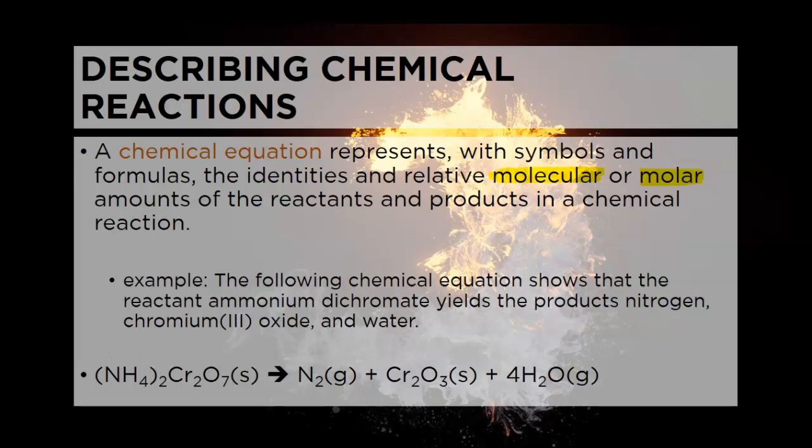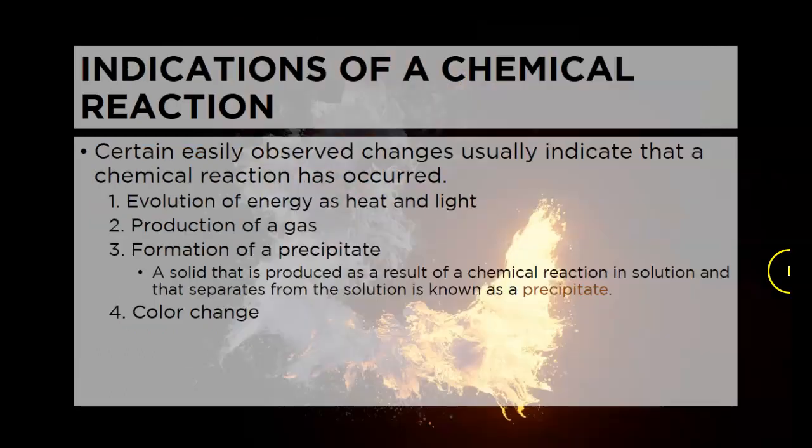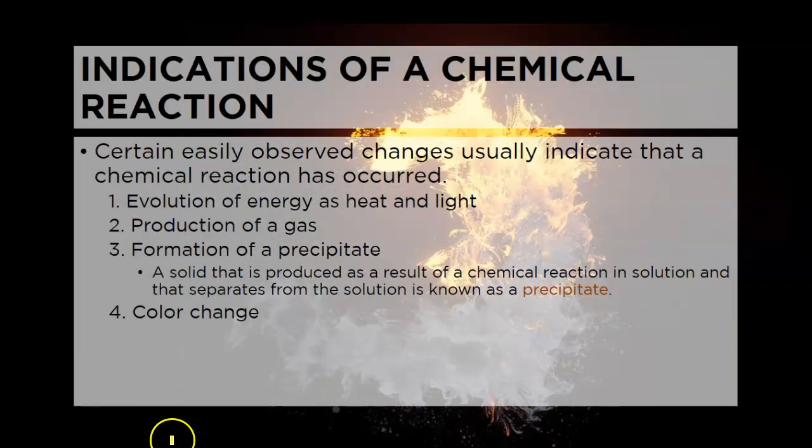So that's at the molecular level, but this also tells me that for 1 mole of ammonium dichromate, I get 1 mole of nitrogen, 1 mole of chromium 3 oxide, and 4 moles of water. So those coefficients tell us 2 different things. Sort of like how molar mass tells us both the formula mass and the molar mass, that number.